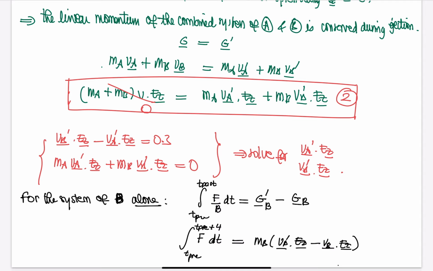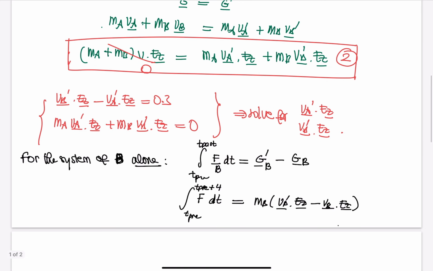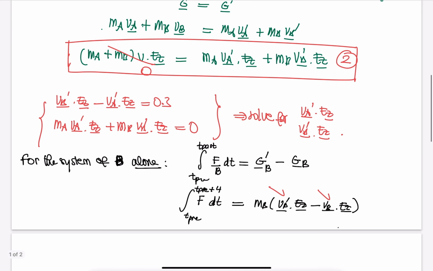Remember, these values I know already. VB is 0 and VB prime we solved for. So then I can find this integral, the integral of F dt from the time just before ejection to the time 4 seconds later, just after ejection.